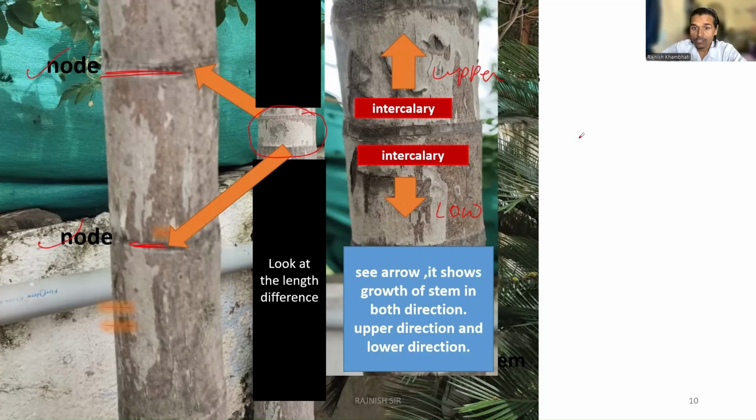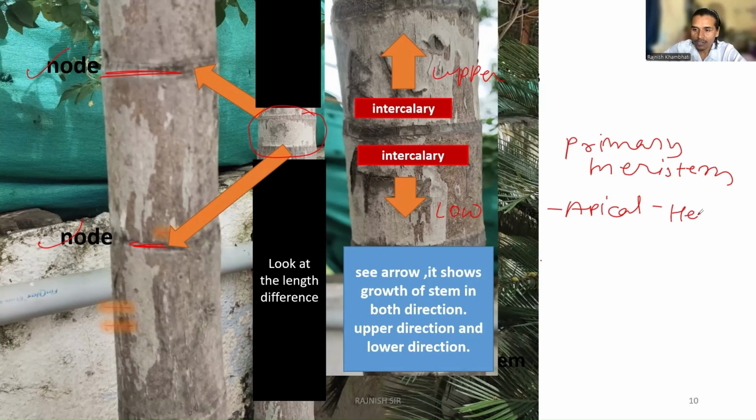Now, this is also a kind of primary meristem. Let me tell you, primary meristem means number one, apical meristem. What is apical meristem doing? Apical meristem is increasing the height of a plant.